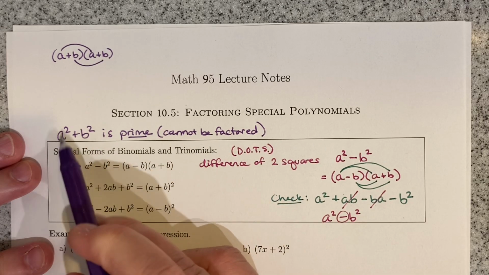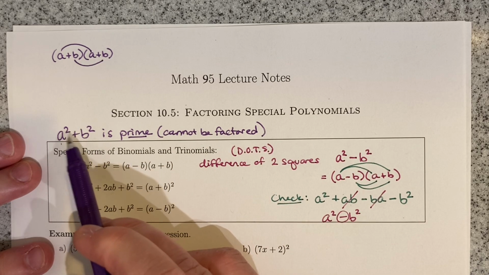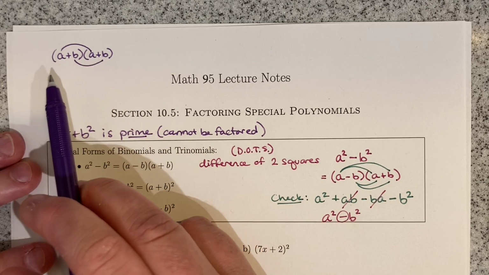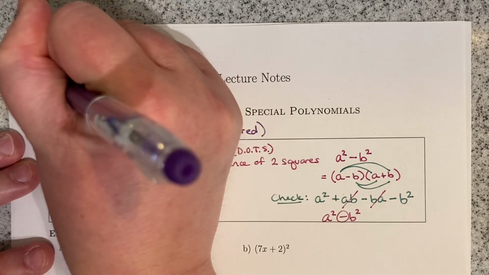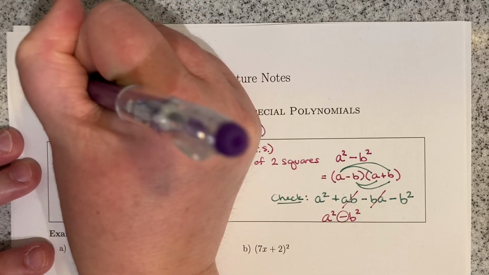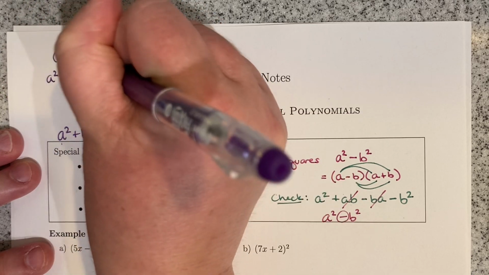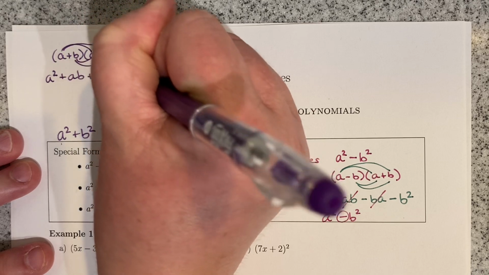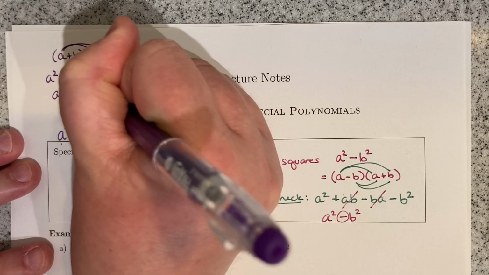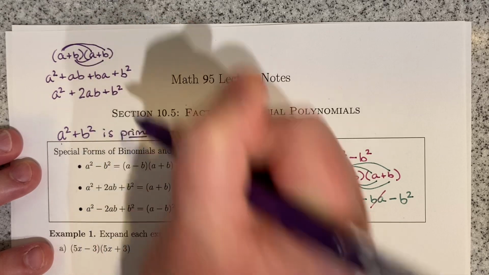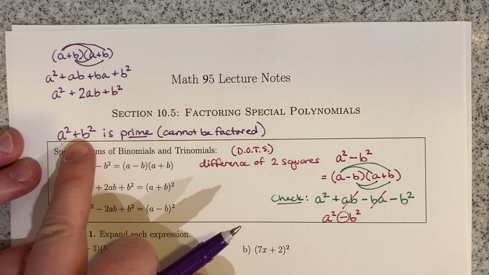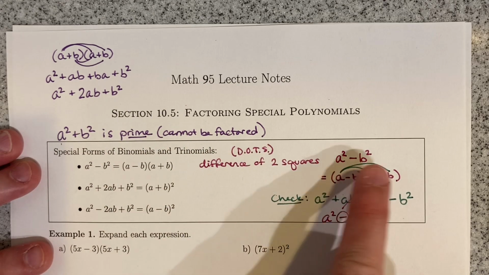But the only way to cancel the middle and to not have a middle term when we're doing our FOIL is for one to be positive, one to be negative. So this isn't going to work. When we do FOIL, we get a squared plus ab plus ba plus b squared. So this would be a squared plus 2ab plus b squared. Y'all see that? So we're always going to get a middle unless we can do it as a subtraction.